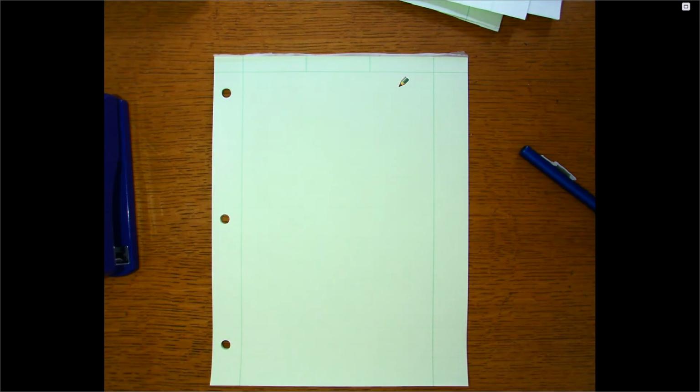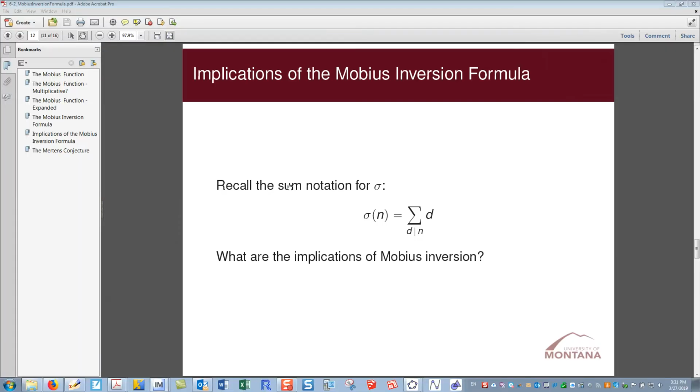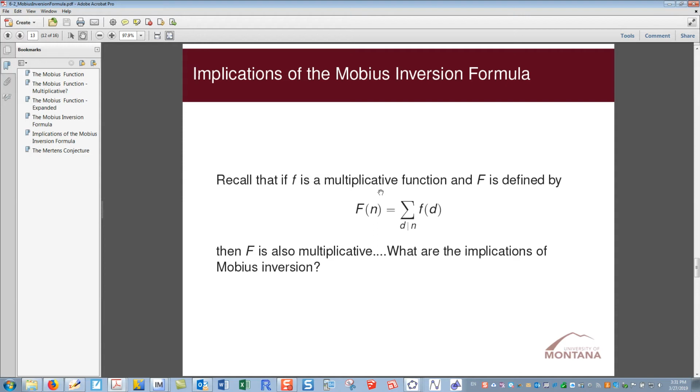So let's take a look at just one more example here. I think I have one more that's kind of a fun historical example. Oh, this is kind of fun. If you know that f is a multiplicative function and big F is defined in the way that we think of it, then big F is also multiplicative. So we know that mu is multiplicative, right? So that means that big F of mu will be multiplicative, right?